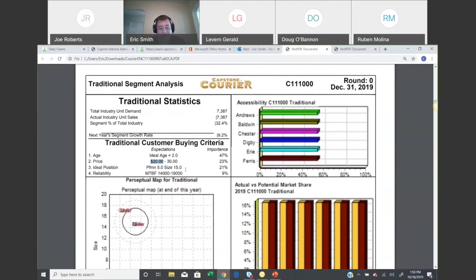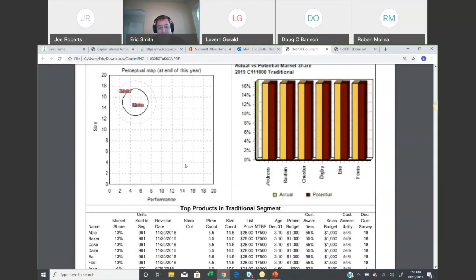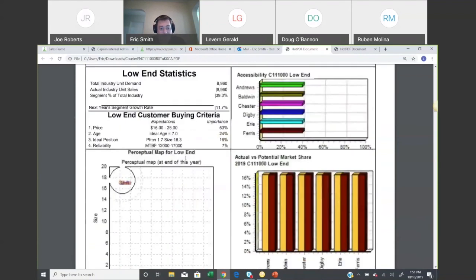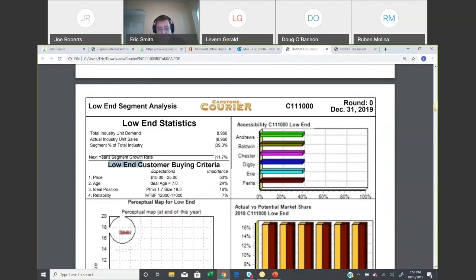So in a market like low end, when they look at these customer buying criteria, they'll see that price is more than half of what the customer cares about. It's fine to know that the customer wants to pay me 15 and that they would love my product if I could give it to them for 15 bucks.